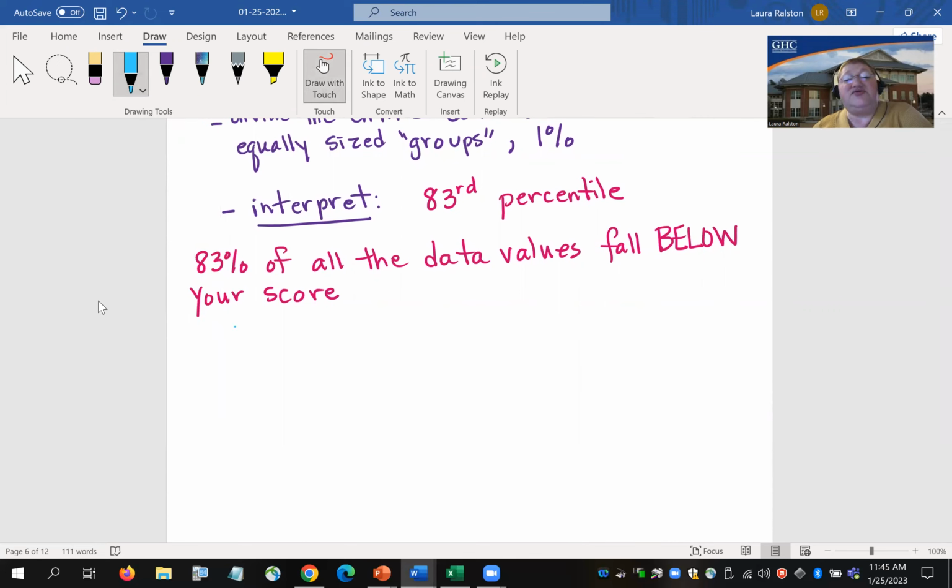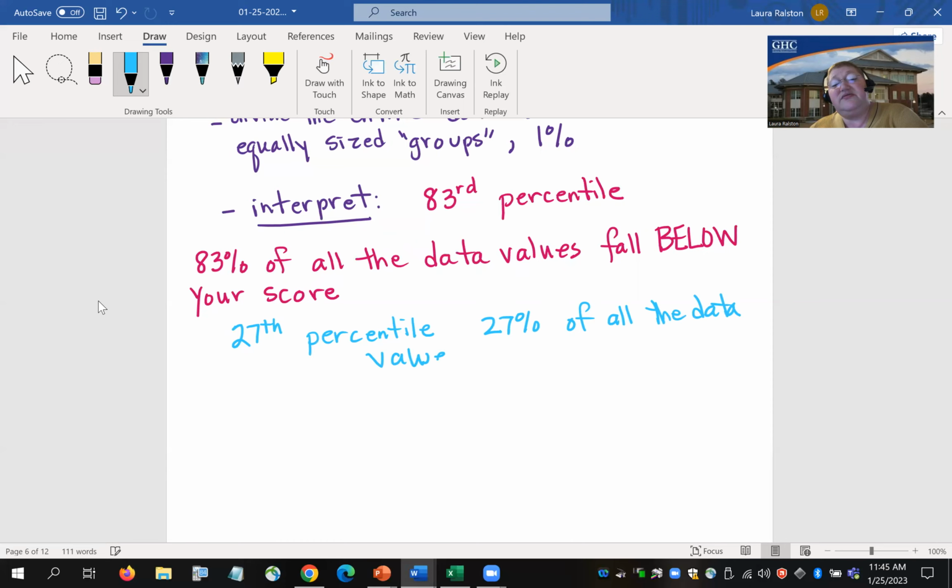Even if it said you scored in the 27th percentile, that would mean 27% of all the data values fall below your score.